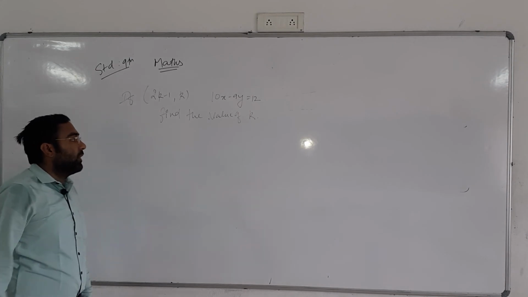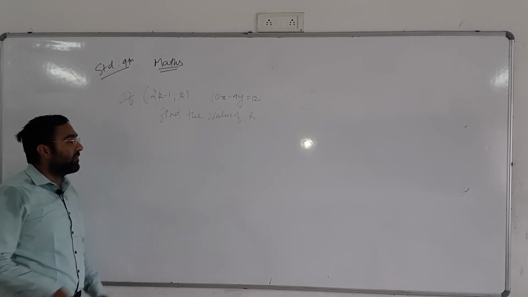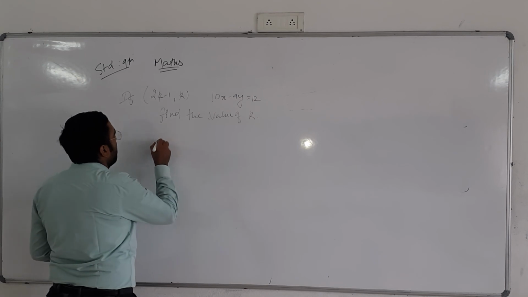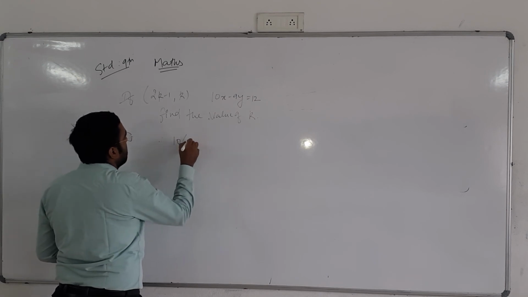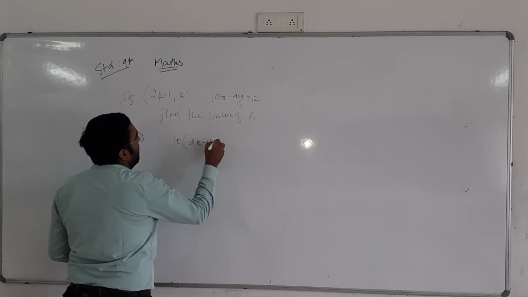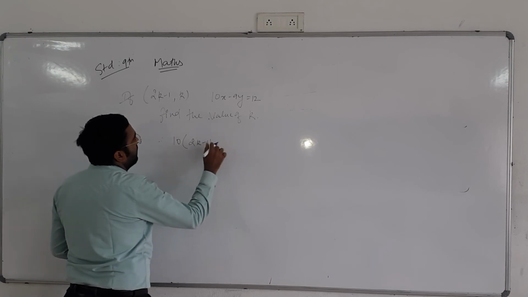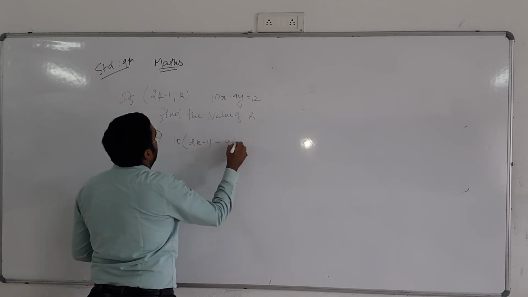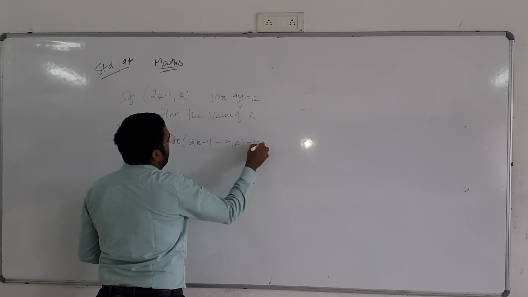As we did in the previous question, take the value of x as 2k minus 1 and y as k. So 10 times (2k minus 1) minus 9k equal to 12.